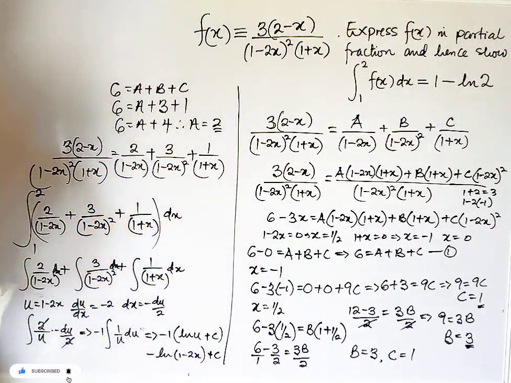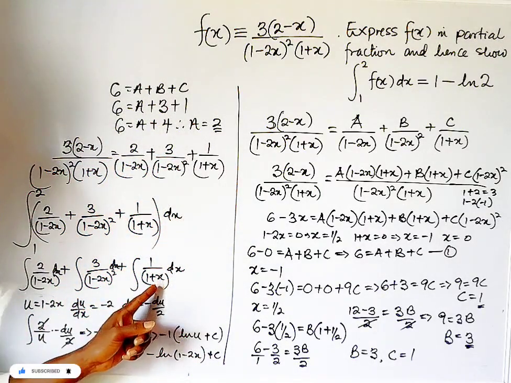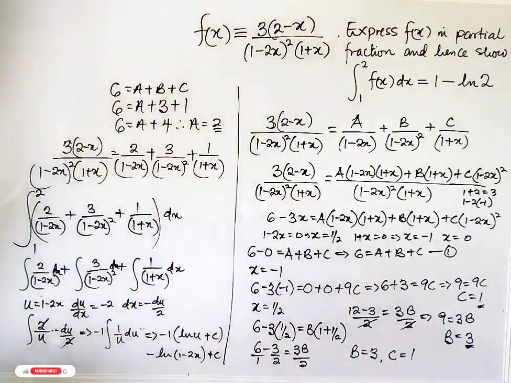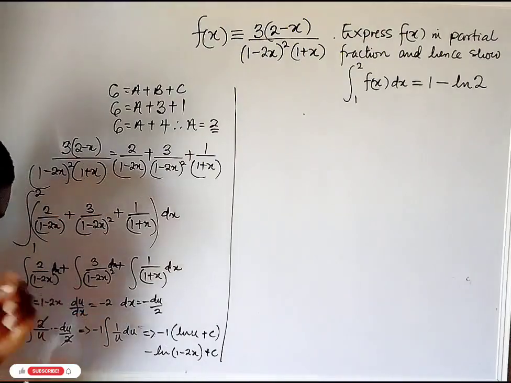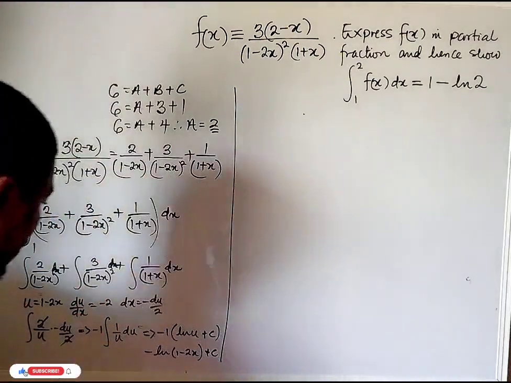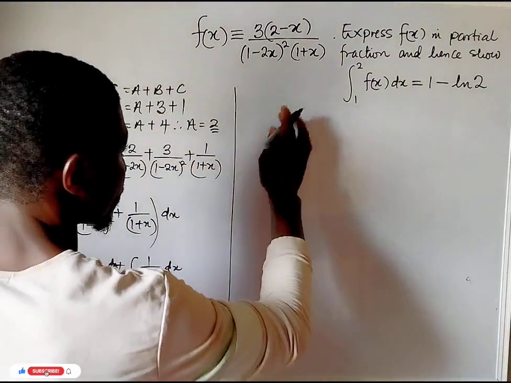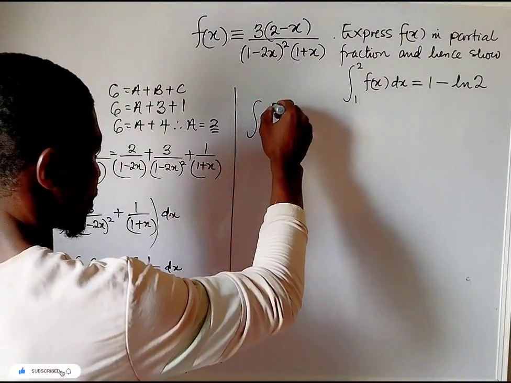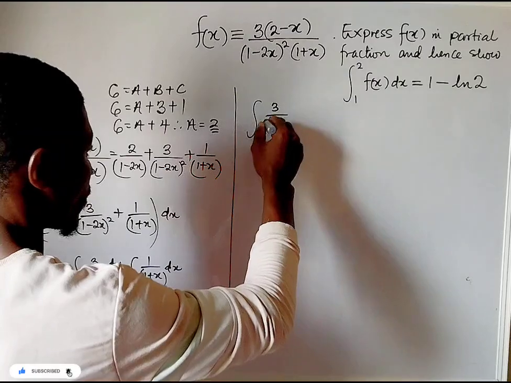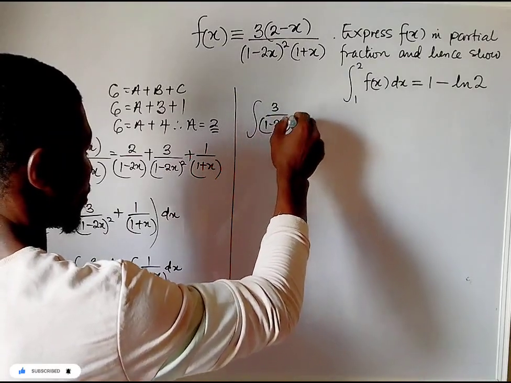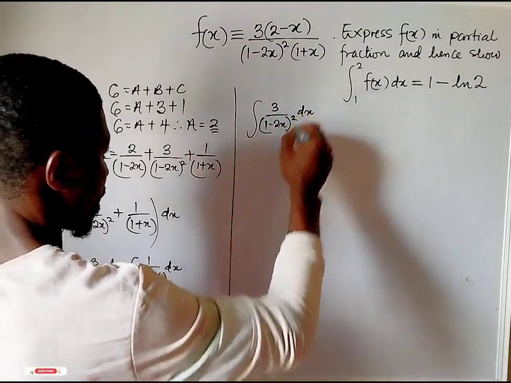Now if we apply this principle to this, it will definitely still give you the same one here. Let us have it as the integral of 3 into 1 minus 2x all raised to the power of 2 dx.